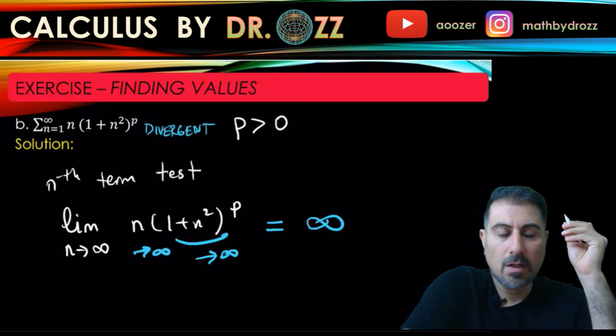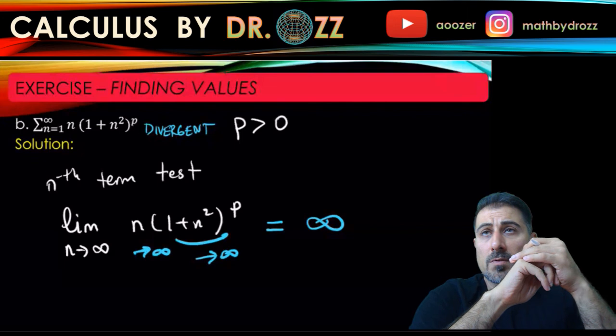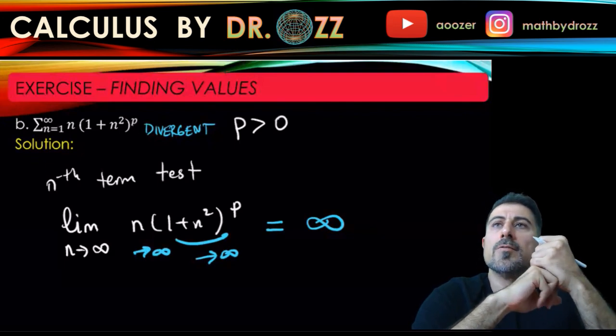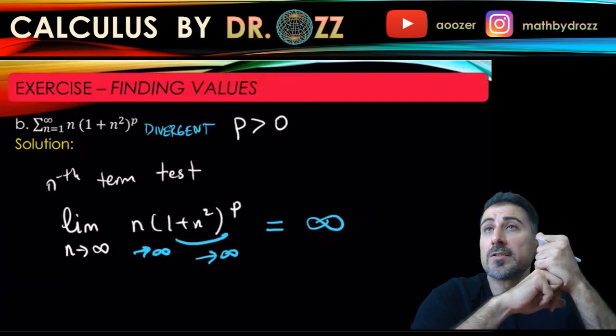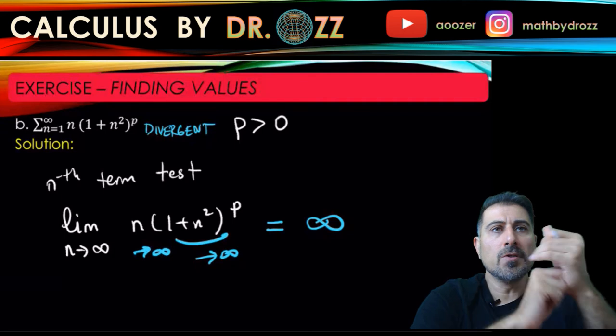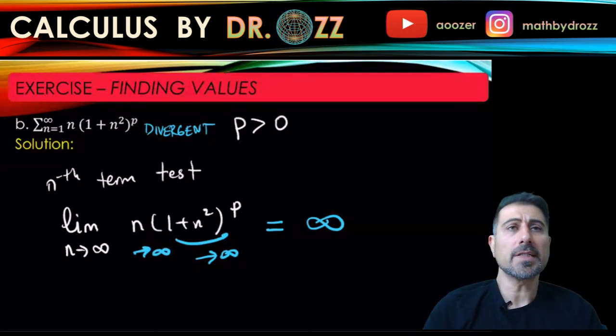We didn't need to use the integral test. In fact, the integral test would probably fail because a_n is not going to decrease. This is not a p-series, so I can't use the p-series test. So we're using a test that we learned earlier, called the nth term test.